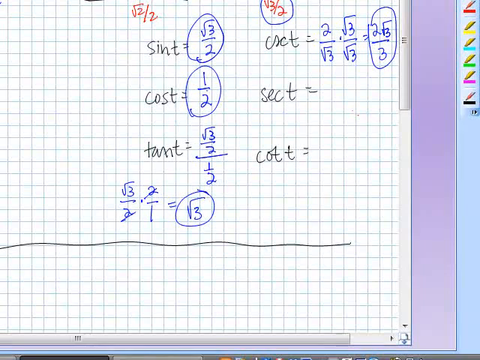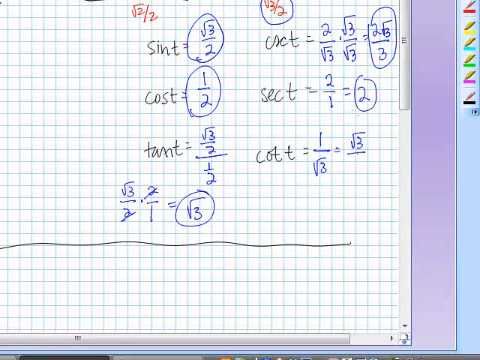Secant is the reciprocal of cosine, real easy, that's just 2 over 1, which is 2. And cotangent is the reciprocal of tangent. Tangent is root 3, so cotangent is going to be 1 over root 3, which is root 3 over 3, rationalized. So those are the 6 trig functions of pi over 3.